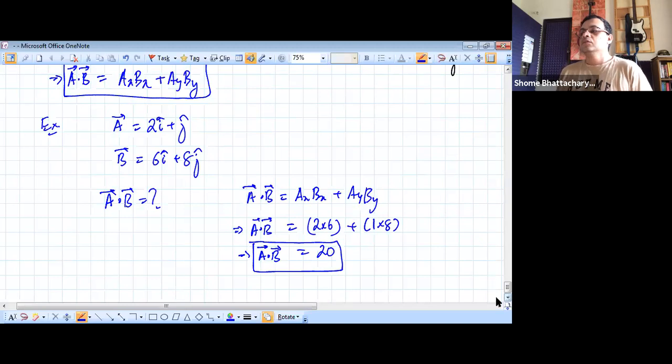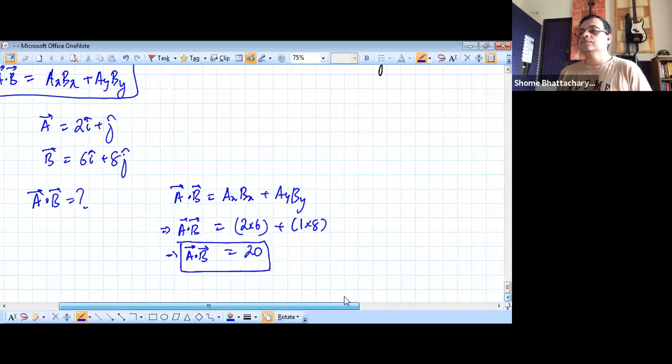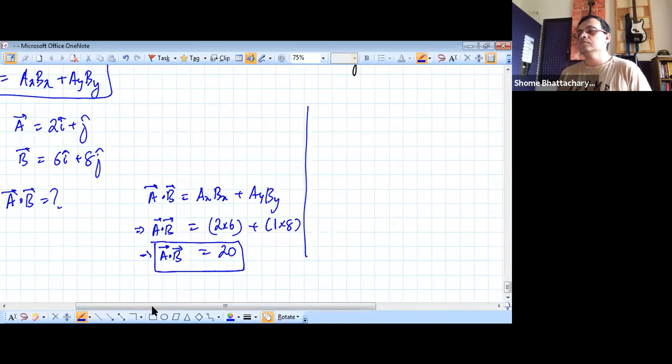Okay. One more example I want you to write down, because you have to remember one thing, that when we substitute the components, if there are any algebraic negative sign, that is included. So A is, for example, 2i cap minus j cap, and B is, for example, i cap plus 3j cap.